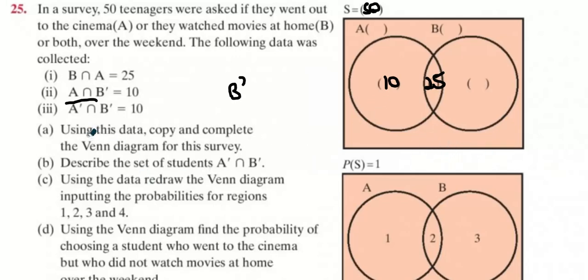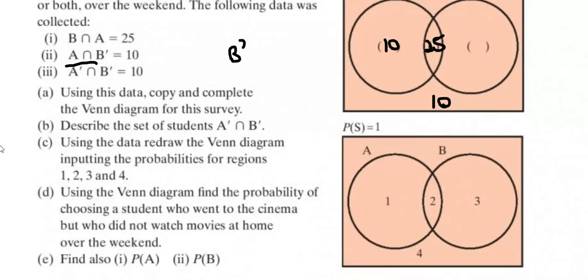Now, next part. Everything that's outside A, intersection, everything that's outside of B. So what does that mean? 10 on the outside. It's a fancy way of saying 10 on the outside. Everything that's outside of A and everything that's outside of B is the 10 on the outside. Right, we did part one, didn't we?